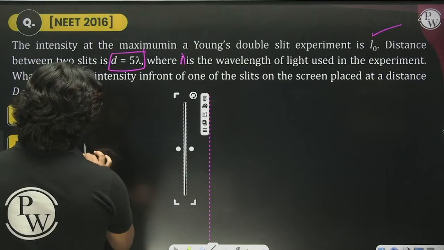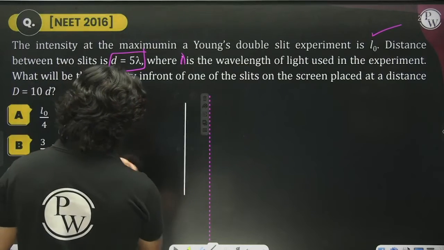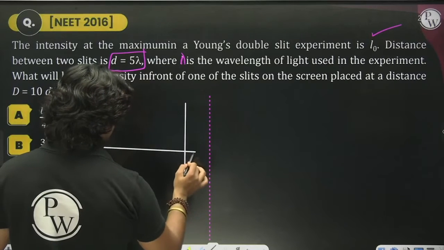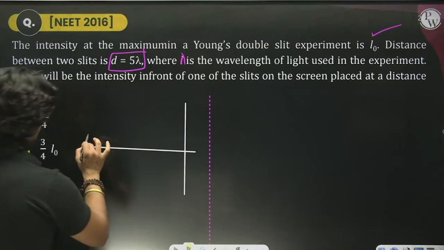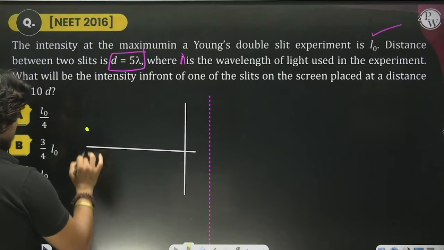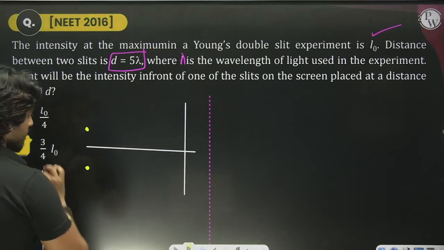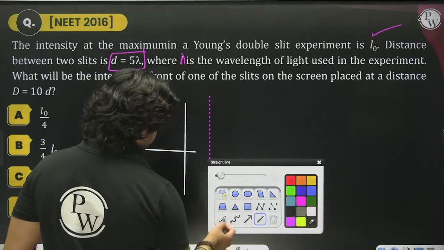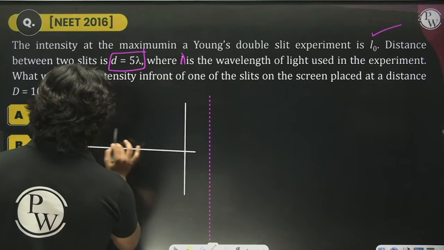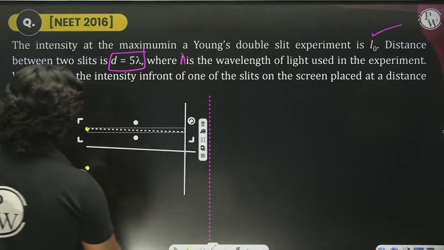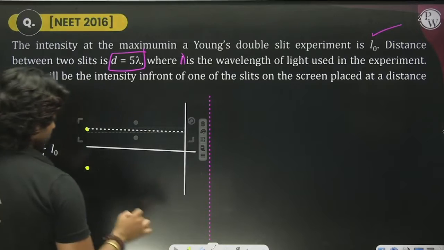See what this question tries to say. These are the two slits, and you're talking about a location exactly in front of the slit.